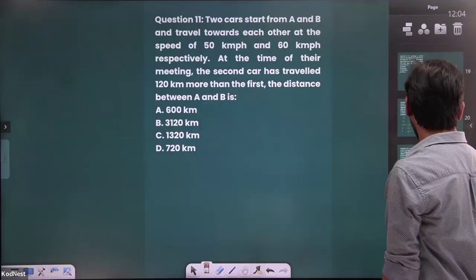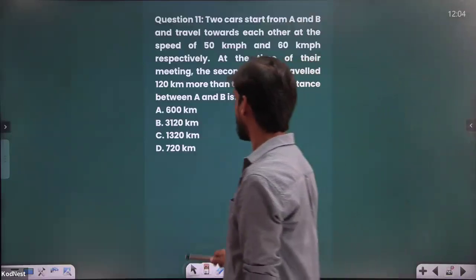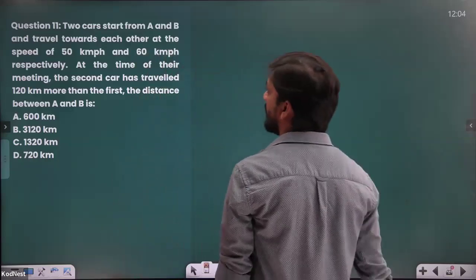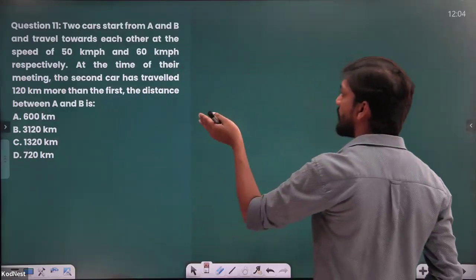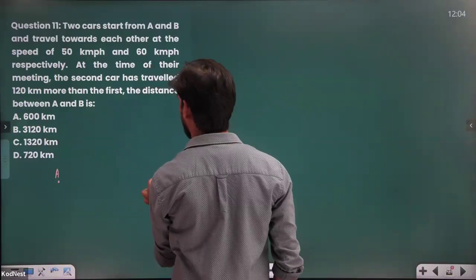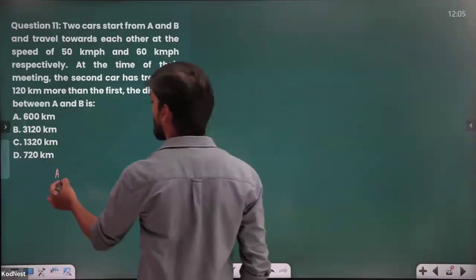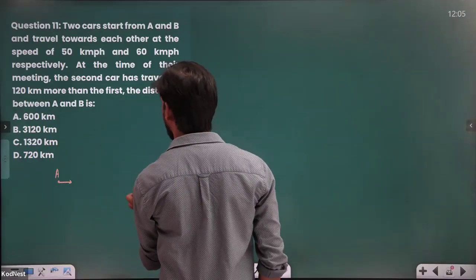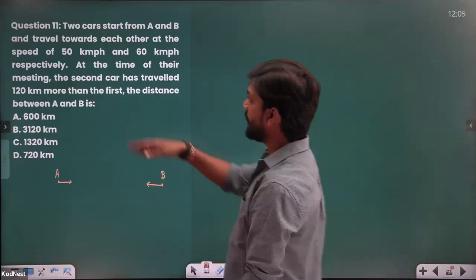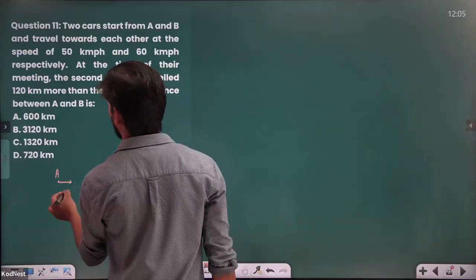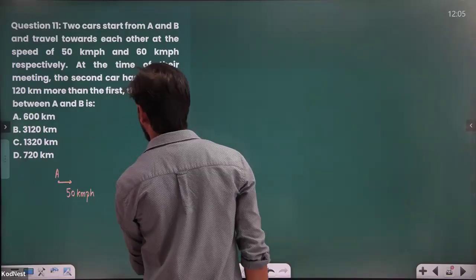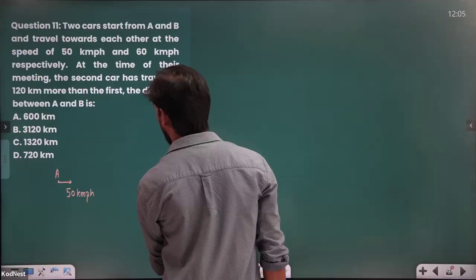Now, one last question. Two cars start from A and B. One car starts from A, one car starts from B, and they travel towards each other at 50 kmph and 60 kmph respectively.